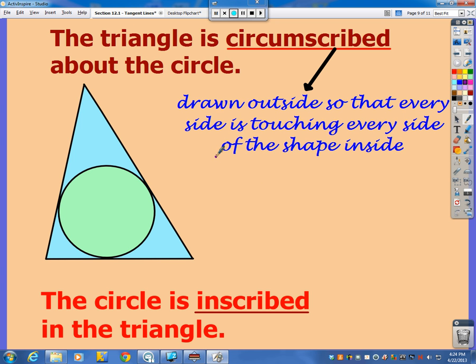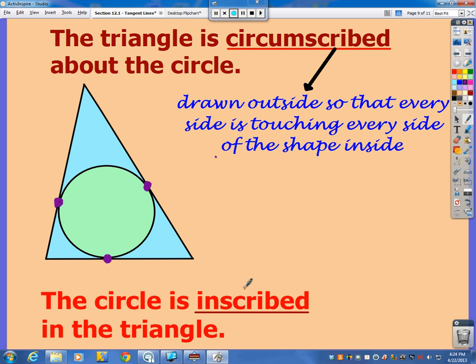So if the triangle is drawn around the circle, it means that each side of the triangle is touching the circle at exactly one point, aka each side of the triangle is tangent to the circle.